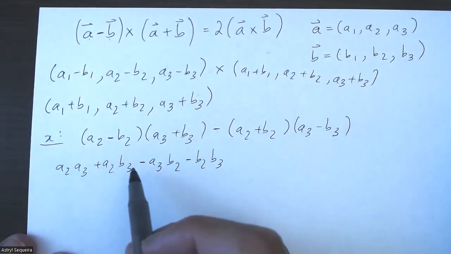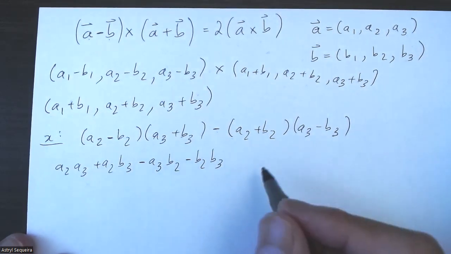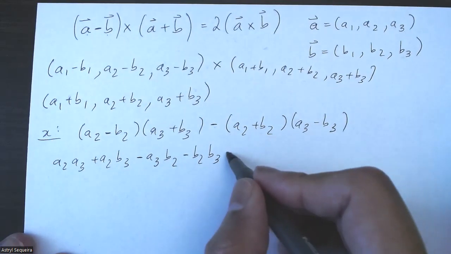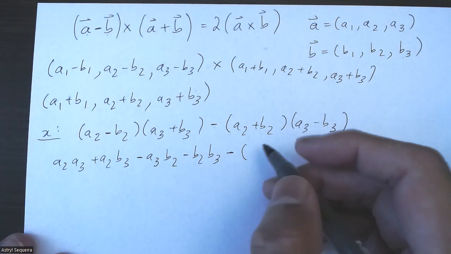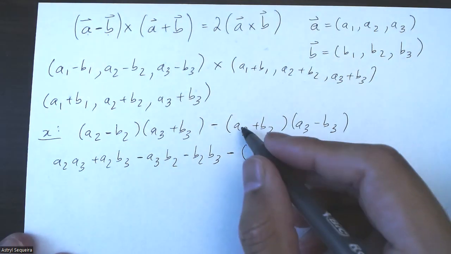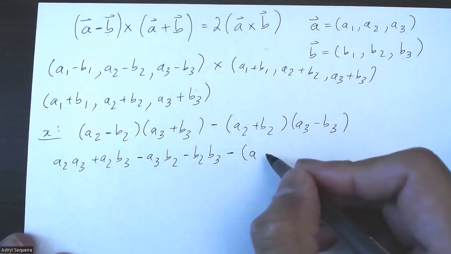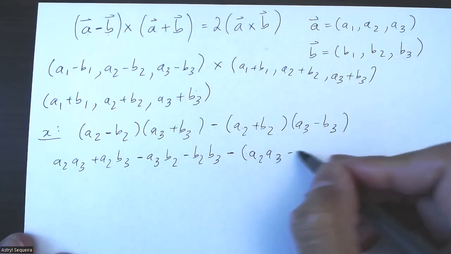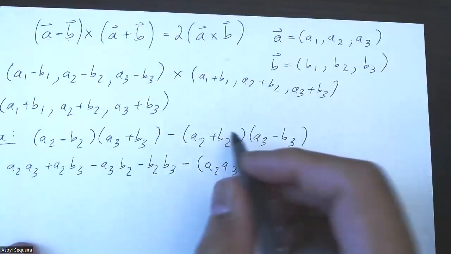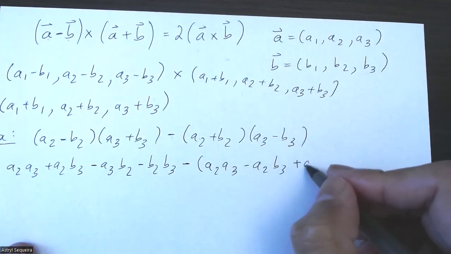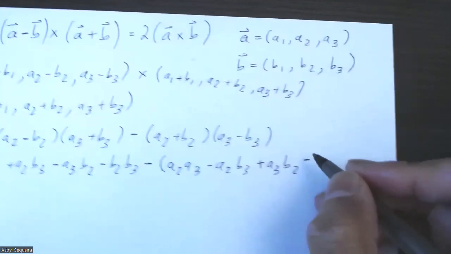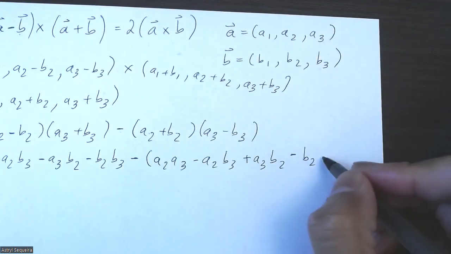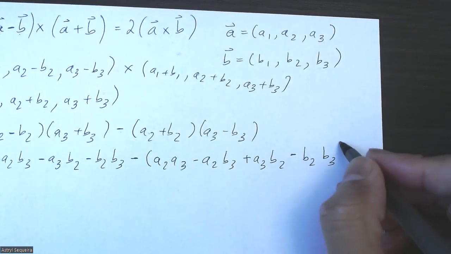I always write the A terms first and then the B terms last to make things a bit easier. Then over here, I'm going to FOIL out these two and keep it in a bracket because I have to distribute this sign later. So I have A2 times A3, which is A2A3, minus A2B3, plus A3B2, minus B2B3.